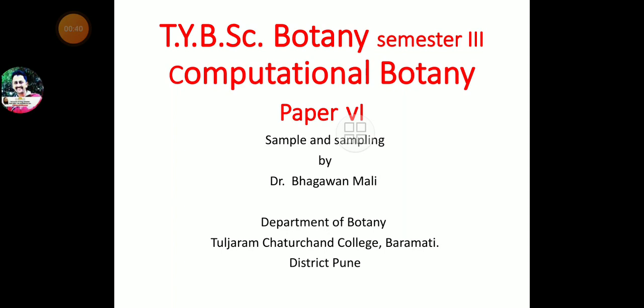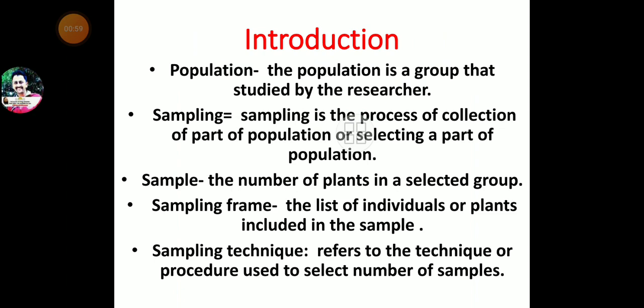Then also, sample is nothing but a selected part of the population. The process of collection of a sample is known as sampling. Students, as I have said to you, sample is a selected part of a population.